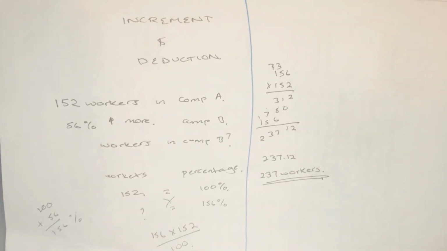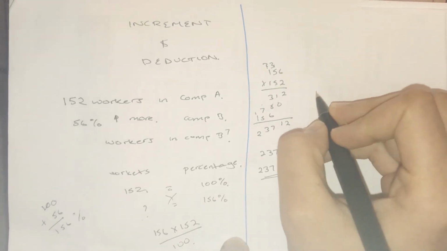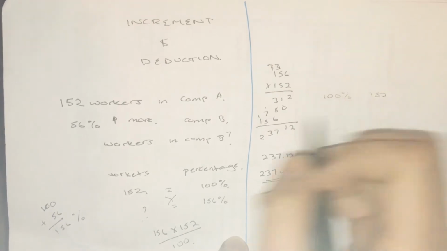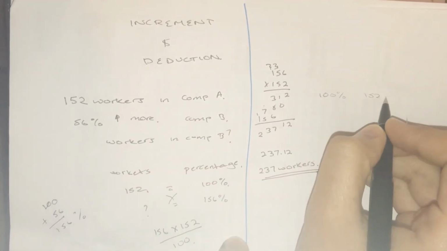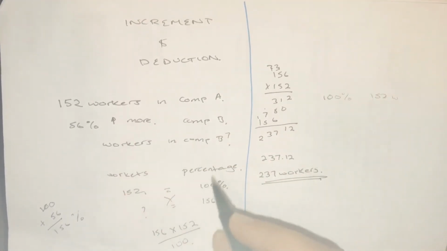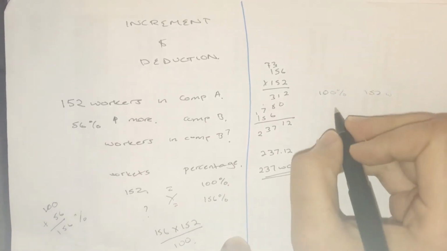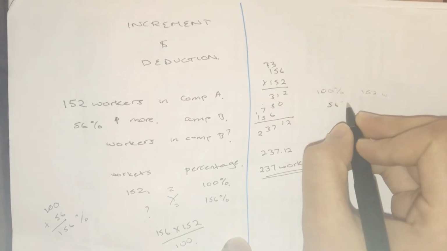The other method that I was talking about is, if you know that 100% is 152 workers, and you know that company B has 56% more, so 152 plus 56%, you look for 56%.